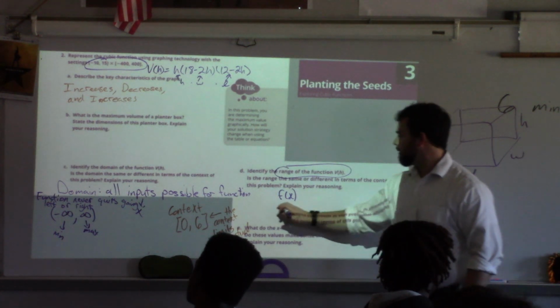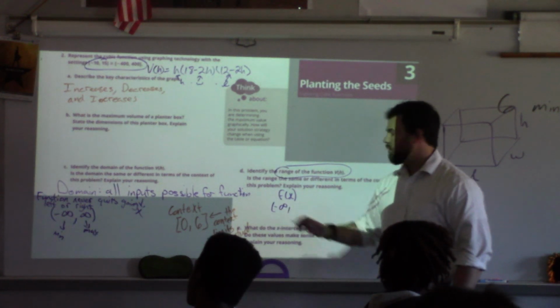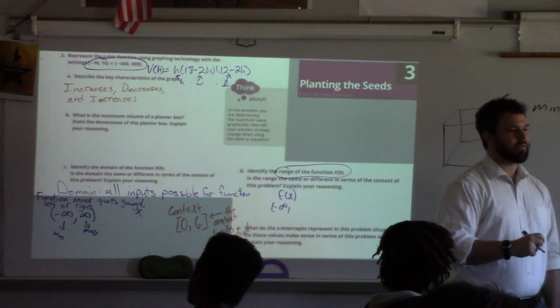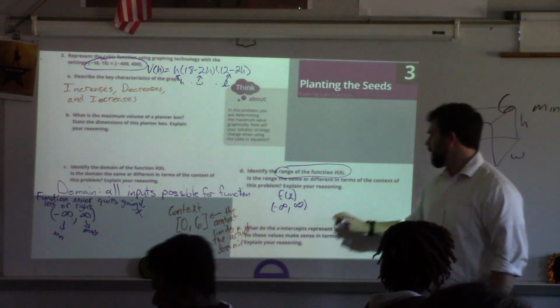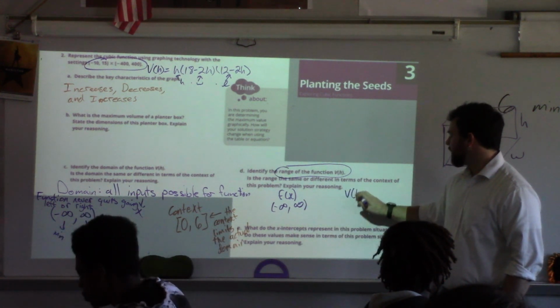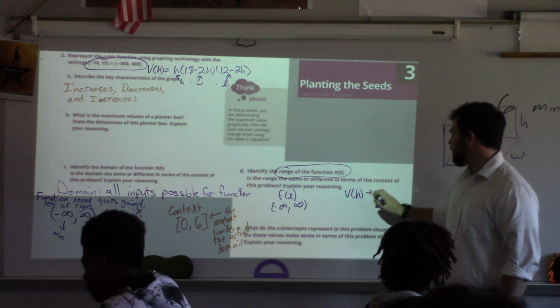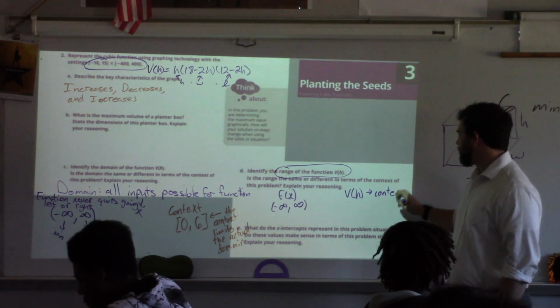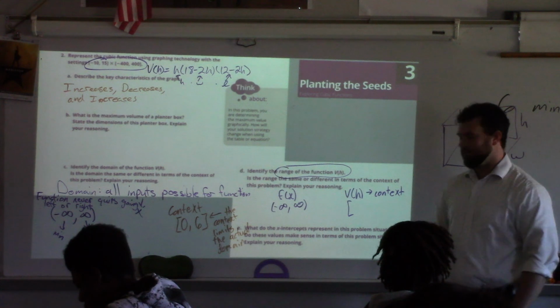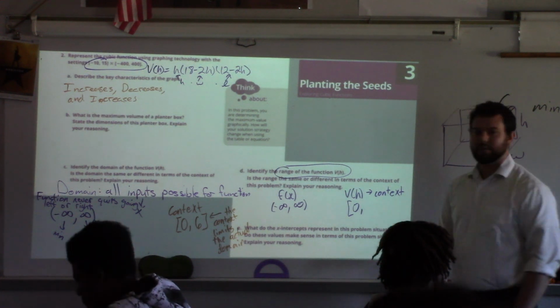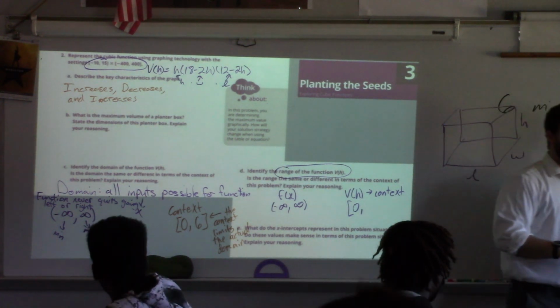Negative infinity. What's the highest y value you could get? Infinity. But for the context, for the v of h, what is the actual lowest volume you can have? The 0. Right? You can't go below 0 volume.